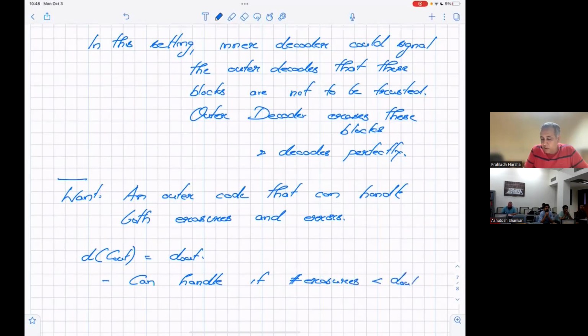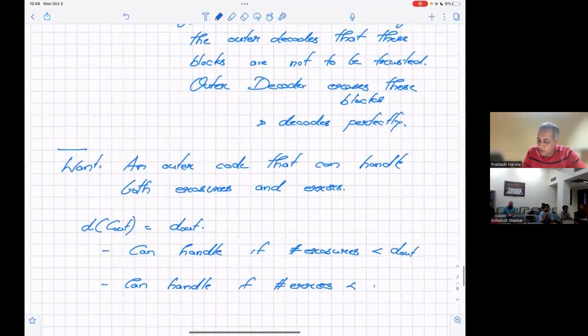This we saw already. That is, even if you erase these guys, you will be able to recover the code word. And it can also handle the case where the number of errors is less than d out by 2.